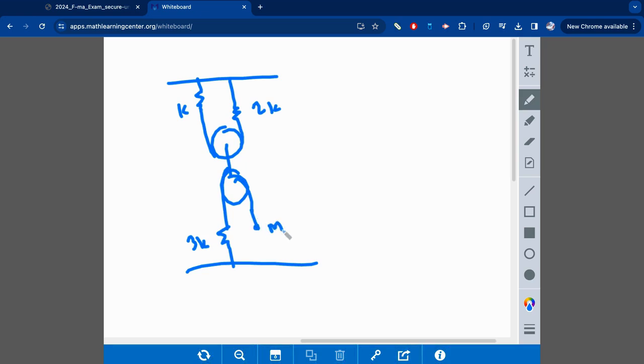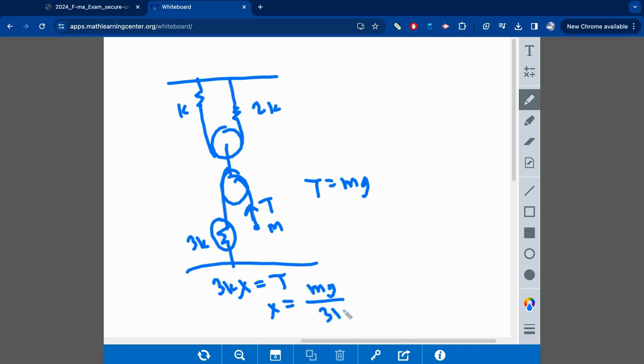Okay, so let's consider the system initially. So basically what's happening is that your tension is equal to mg, and so the tension is uniform throughout, which means that this spring is also stretched enough to provide that tension. So the amount it's stretched initially is equal to T over 3k. So this is how much it's stretched initially.